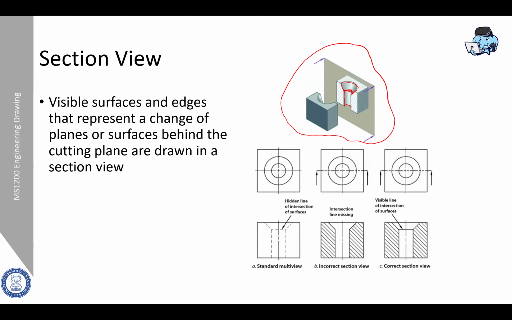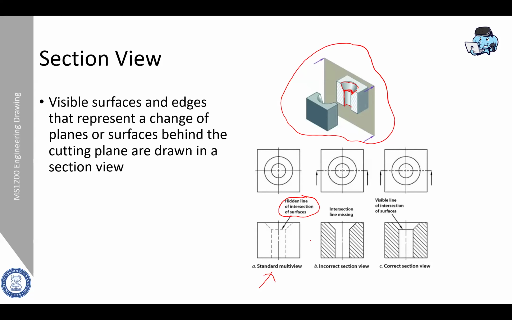In the standard multi-view projection, these edges of the different surfaces are drawn by a dash line, a hidden line, because it is hidden from the front view. That's why we draw it as a hidden line, using a dash line.